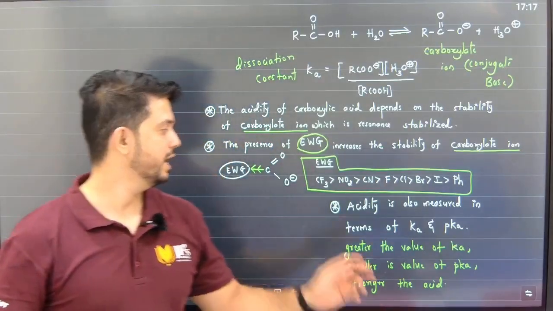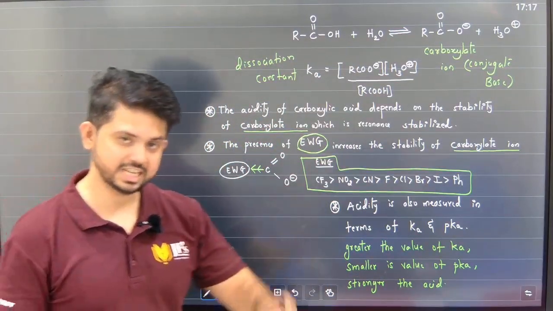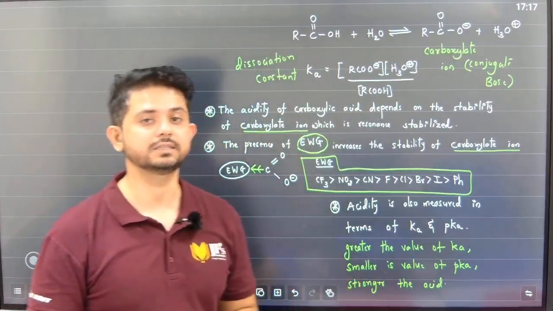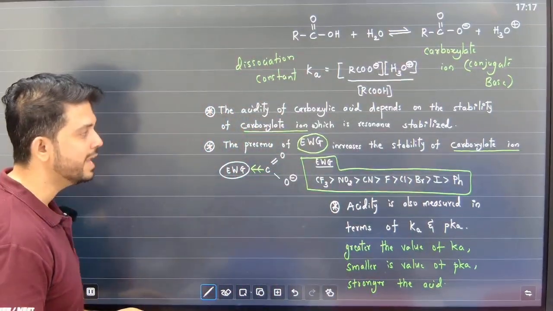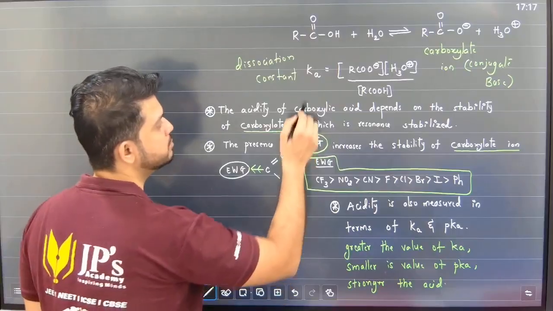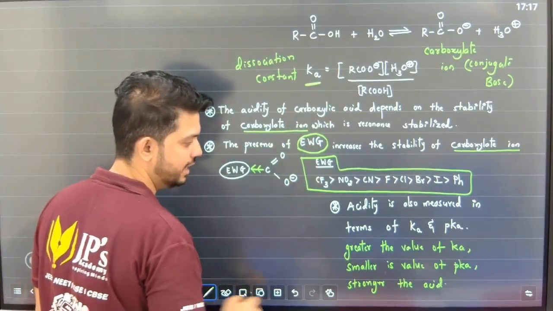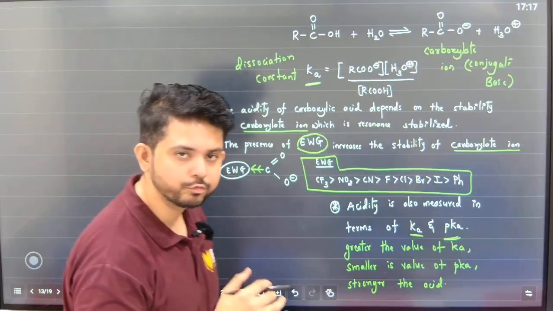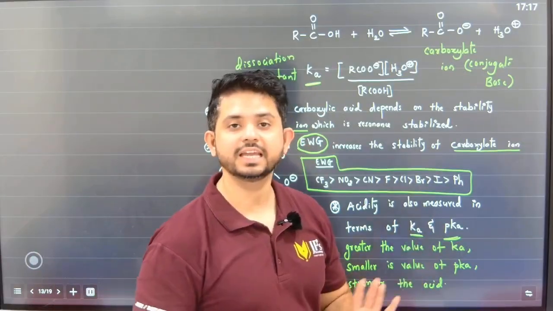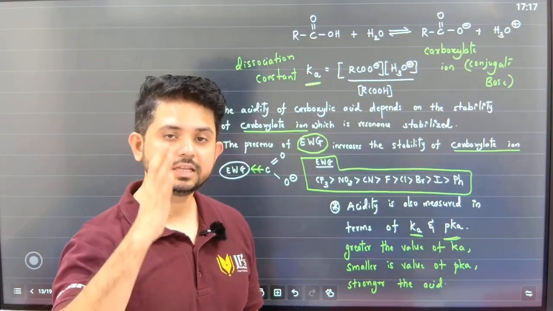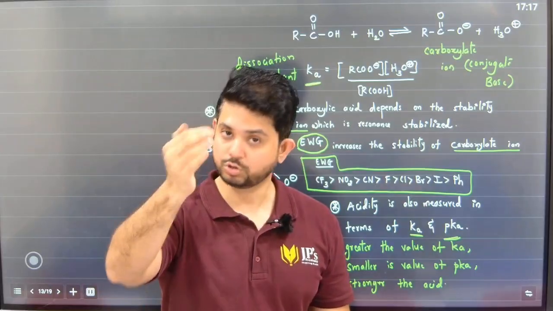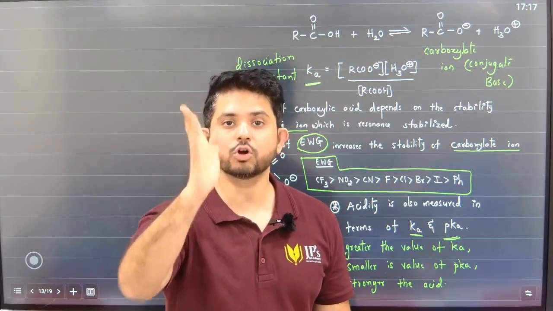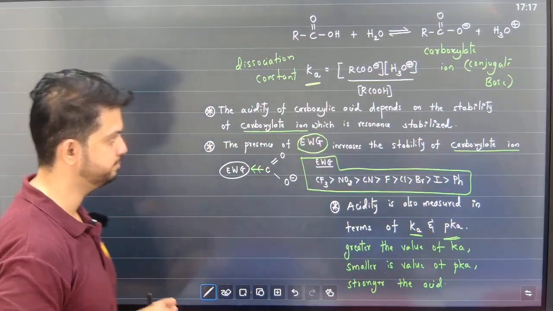I repeat, electron withdrawing groups increase acidity, electron donating groups decrease acidity. Also, acidity can be measured in terms of dissociation constant Ka or in terms of negative log of Ka. इसका मतलब pKa. Higher the Ka, जितना ज़्यादा Ka, उतना ही कम pKa. Lower will be pKa value, but stronger the acid.